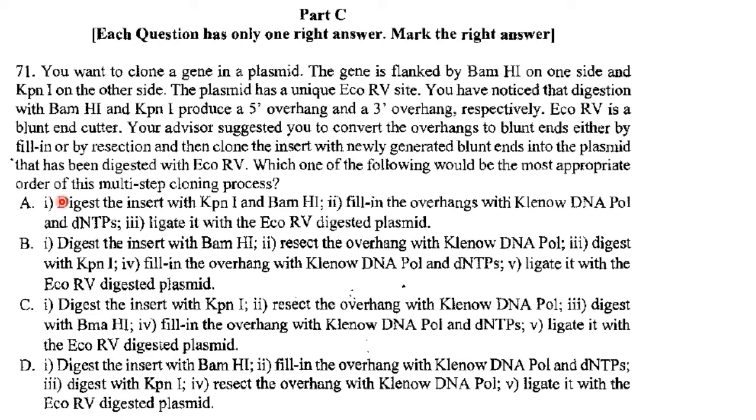So you cannot join this cohesive end to a blunt end cutter. So what you have to do is convert BamHI and KpnI ends into blunt end sequence and then join with EcoRV.